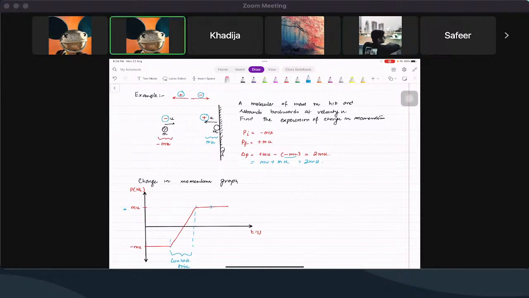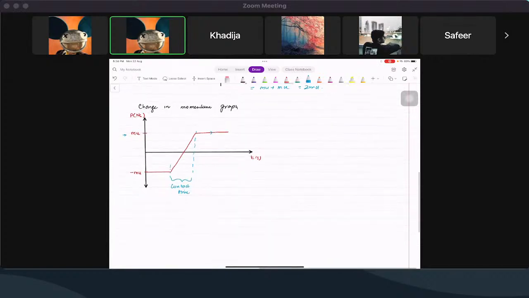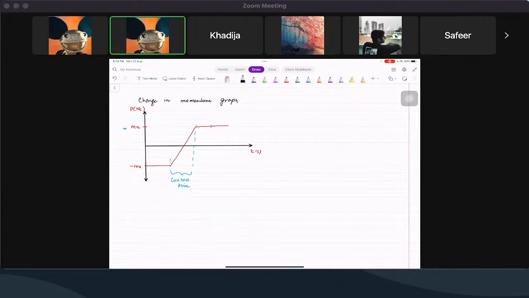Okay. Now, if they were different, then of course there would be a different graph. For example, sometimes kinetic energy is lost or changed into other forms. In that case, it would have gone to a different velocity after the collision.